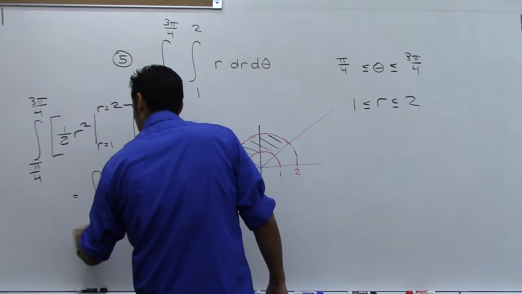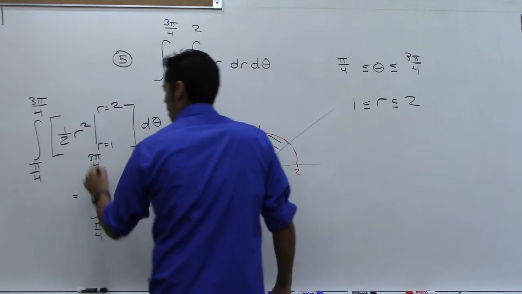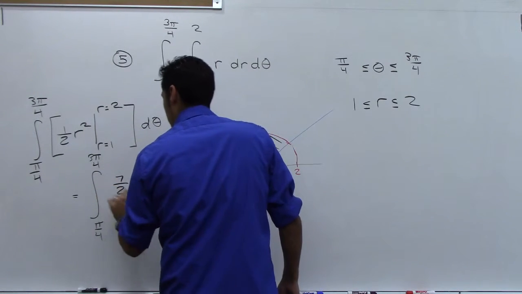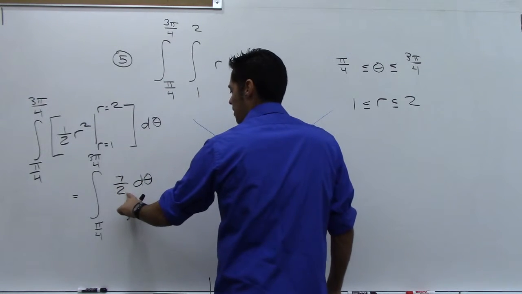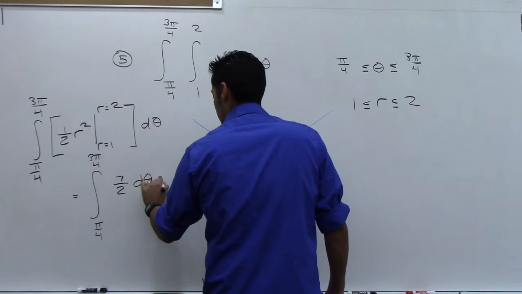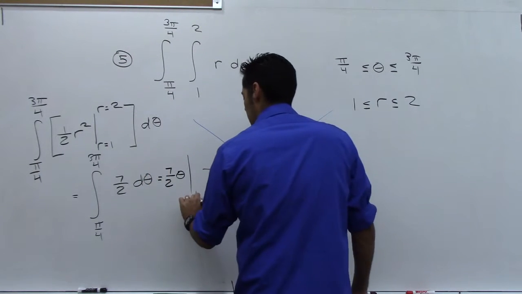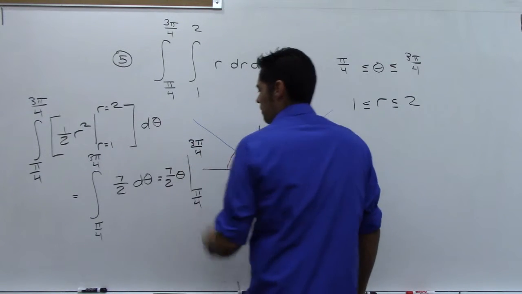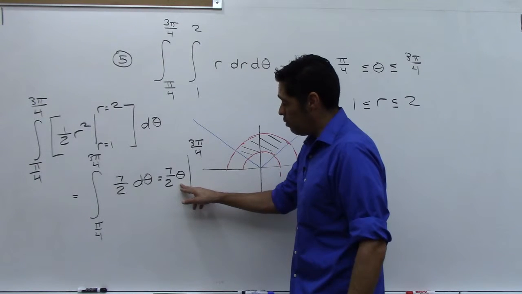So integral from pi over 4 to 3 pi over 4 of 4 minus 1/2, which is 7/2 d theta. The antiderivative of 7/2 with respect to theta is just 7/2 theta evaluated from pi over 4 to 3 pi over 4. So you plug in 3 pi over 4 here, you get 21 pi over 8.